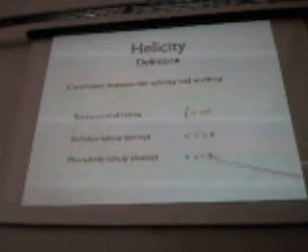As all of you know, helicity has several important properties. One is that it is an inviscid invariant of the 3D Navier-Stokes equation, as well as the total energy.